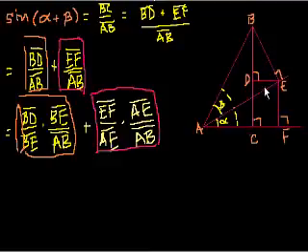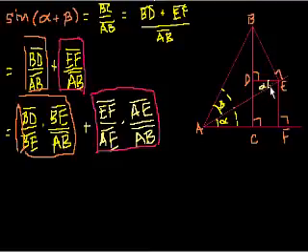Since AF is parallel to DE, and AE intersects both, we know that the inner angles with parallel lines, this is also equal to alpha, right? Because you can imagine a long parallel line here, and then this line intersects both. If this is a little confusing, maybe you want to review a little bit of parallel line geometry.